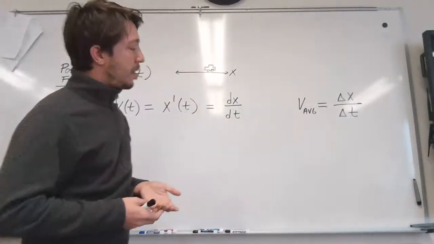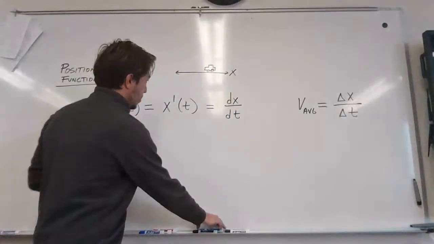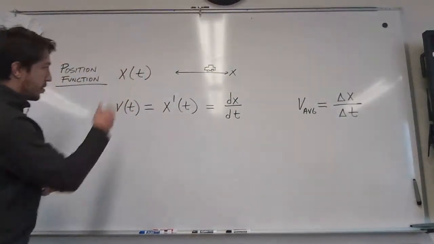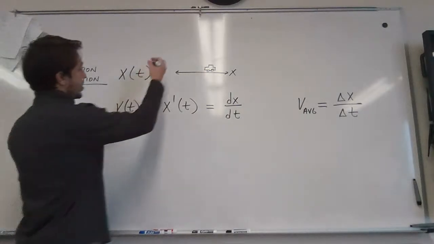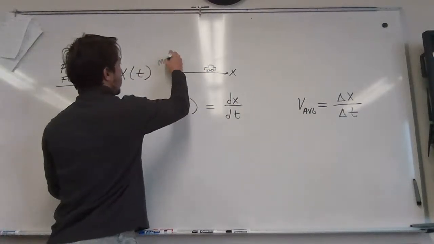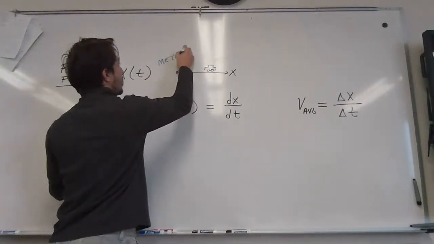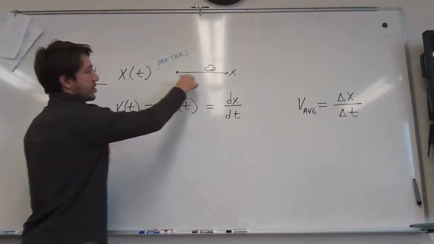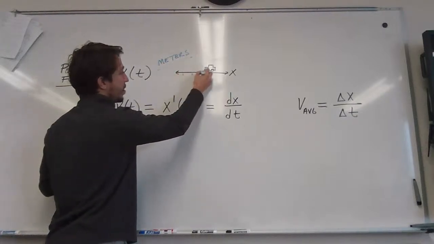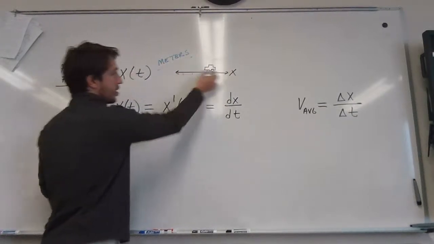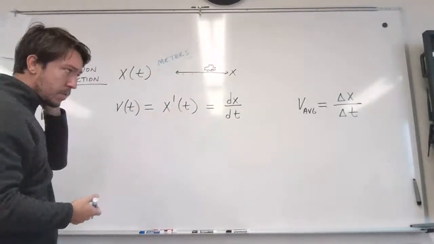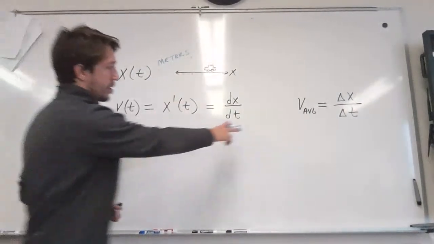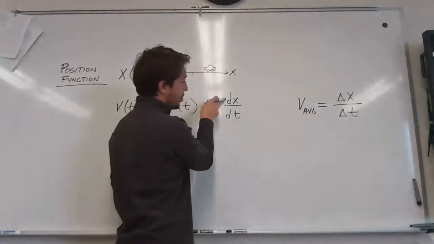Okay, if you think about units, I'll put some units comments in blue here. Let's say the units of this function were meters. Suppose this road, this axis, was marked with little meter markings, like a really long meter stick. What are the units here of a change in position?